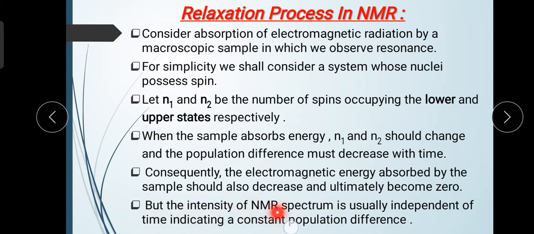But the intensity of the NMR spectrum is usually independent of time, indicating a constant population difference. That means if we have a constant population difference with time, then the intensity of the NMR spectrum is independent of time. So this is an important property of the NMR spectrum.